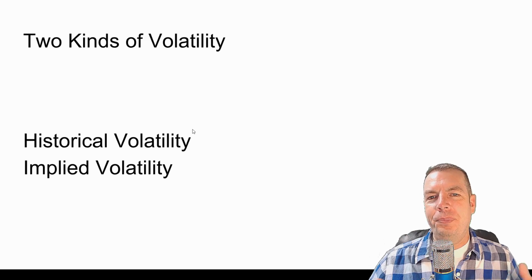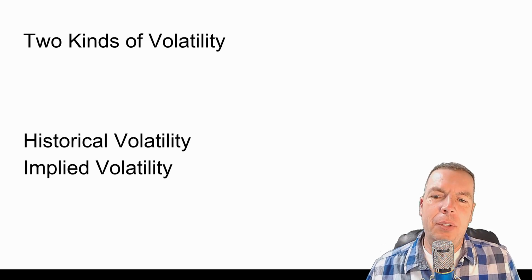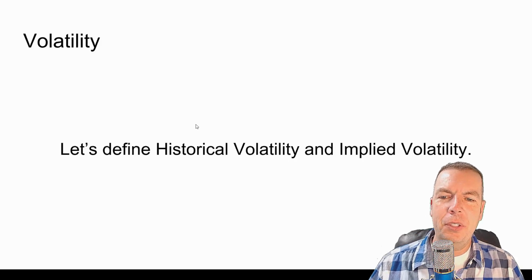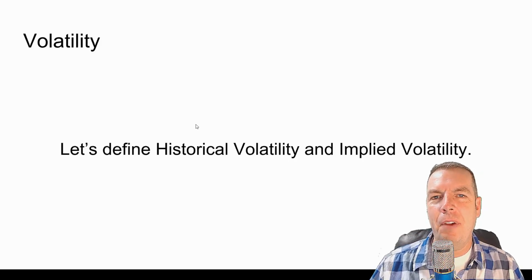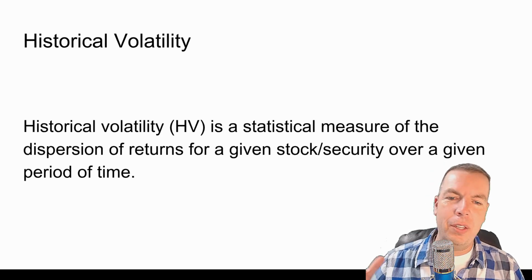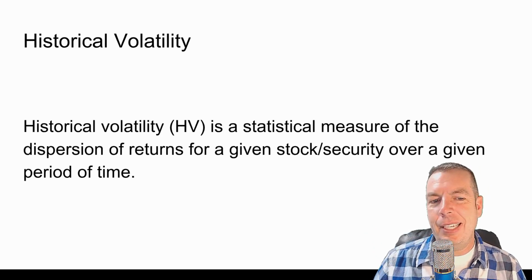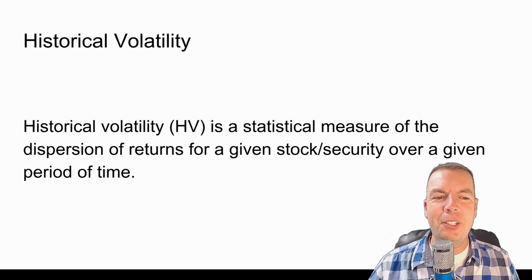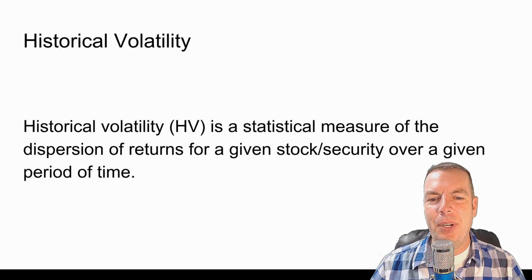In general, there are really two kinds of volatility: historical volatility and implied volatility. Let's define what those terms are. Historical volatility is a statistical measure of the dispersion of returns for a given security over a given period of time.